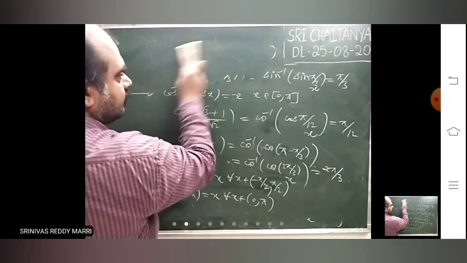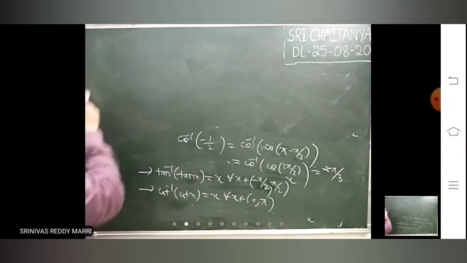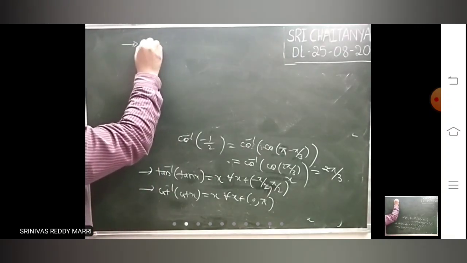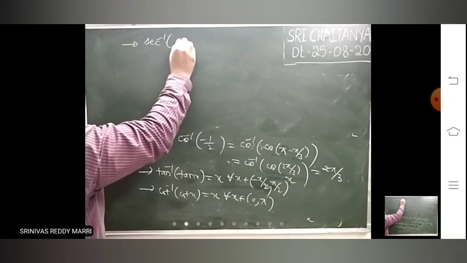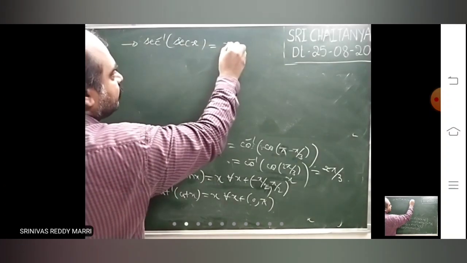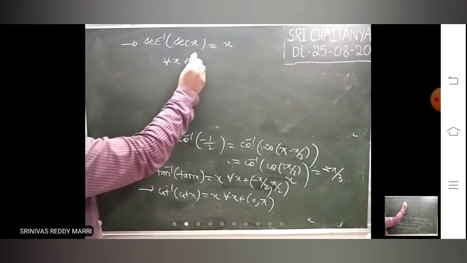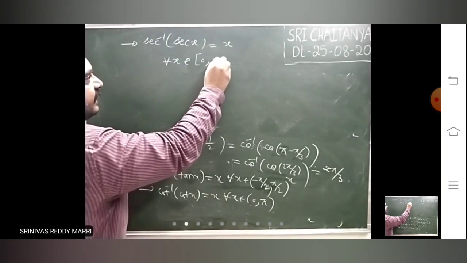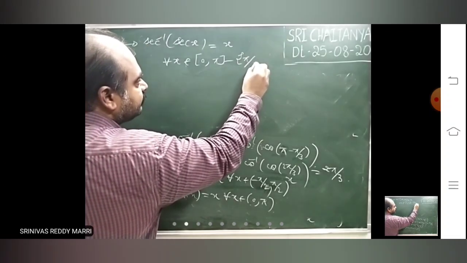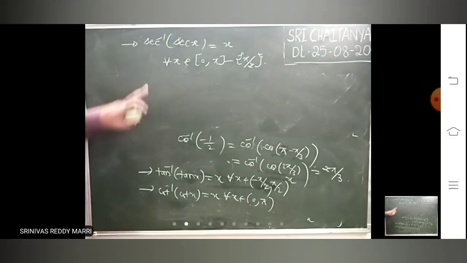Similarly, secant inverse secant x equal to x for all x belongs to the range of secant inverse, what I told, 0 to pi minus pi by 2.